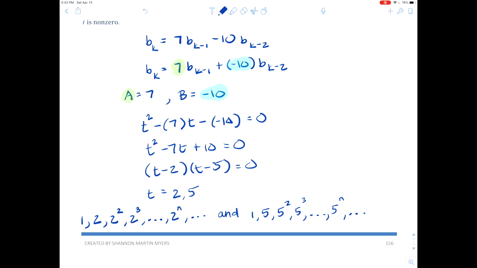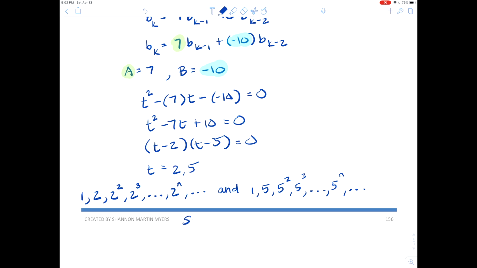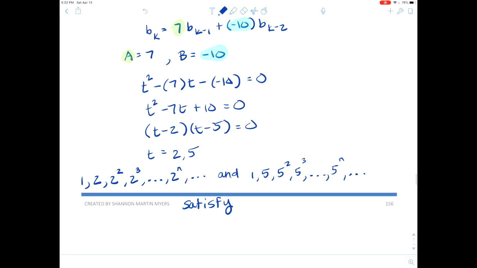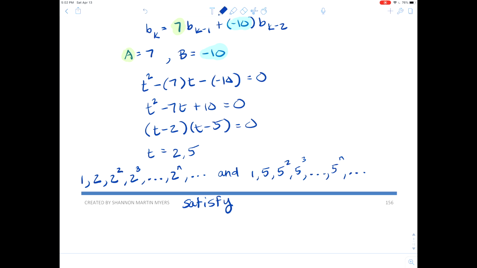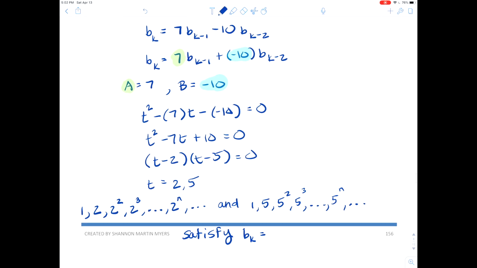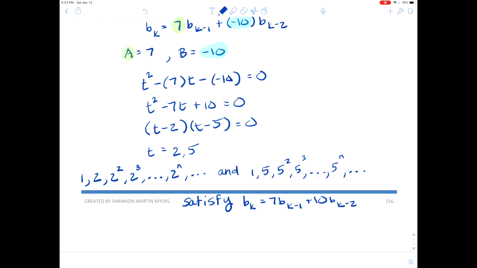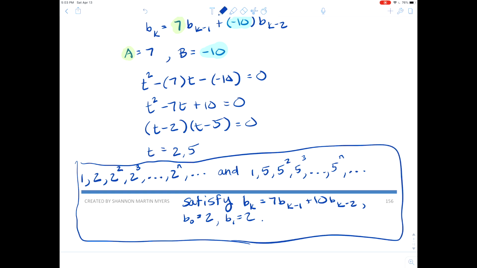Those two sequences are going to satisfy our given relation, b sub k equal to, remember, 7b sub k minus 1 minus 10b sub k minus 2, with its initial conditions, where b0 was equal to 2 and b1 was equal to 2. Cool? Kind of fun problems, I think.